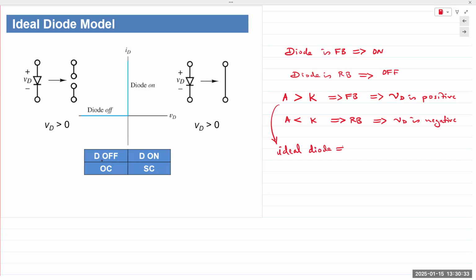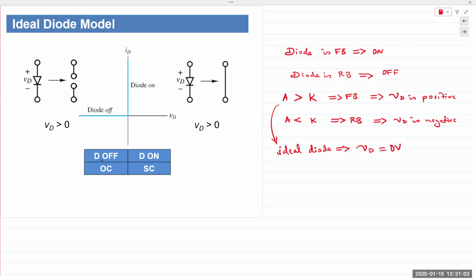Because it is replaced with a short circuit, what is VD? Short circuit means there is a wire connecting two nodes. Exactly, it's zero. If there's a wire connecting two nodes, they're the exact same node, meaning there's no difference in electric potential between those two points. So the difference is zero. The voltage is zero. So VD is zero.